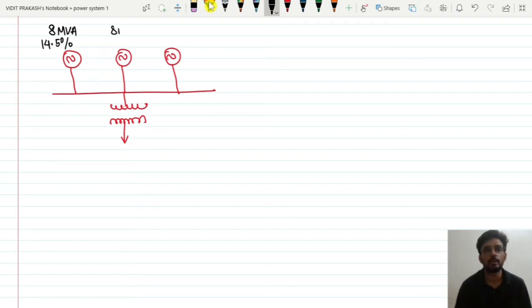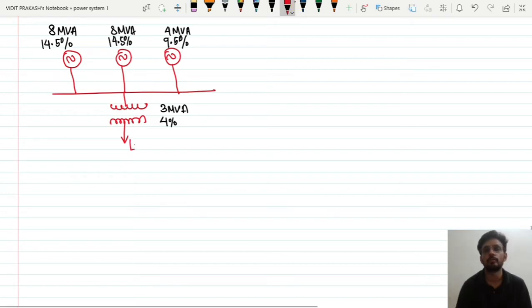This is also 8 MVA with 14.5% reactance, and this is 4 MVA with 9.5% reactance. And the rating of the transformer is given as 3 MVA with 4% reactance, and this is the load.